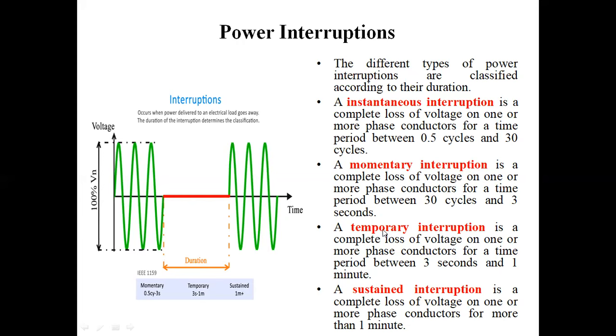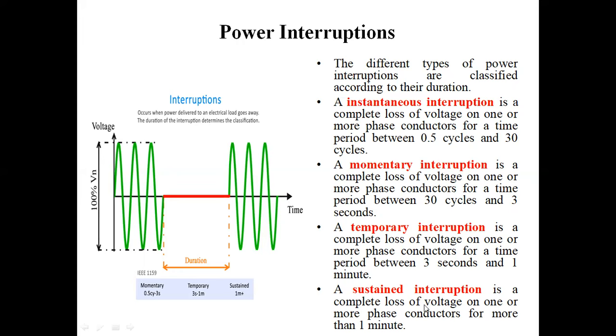Next, the third one is the temporary interruption. Temporary interruption is 3 seconds to 1 minute. These 3, instantaneous interruption, momentary interruption and temporary interruption, are related to short interruption. Short interruption means 0.5 cycles to 1 minute. Next, sustained interruption is a complete loss of voltage on one or more phases for more than 1 minute.